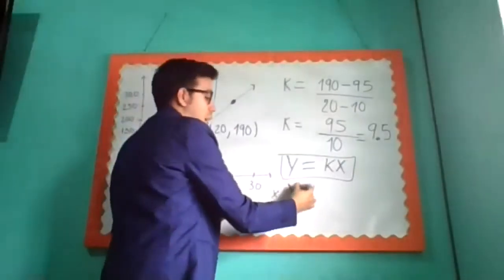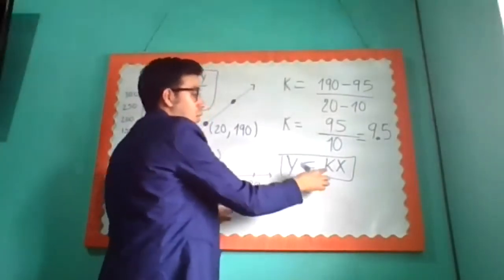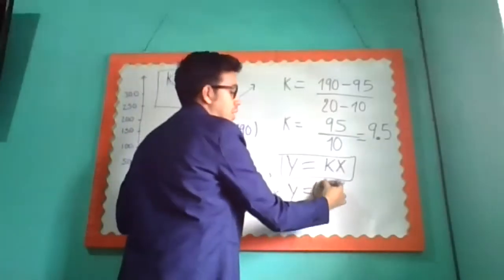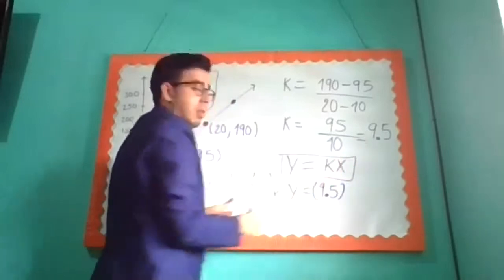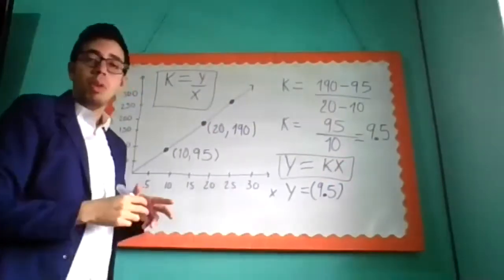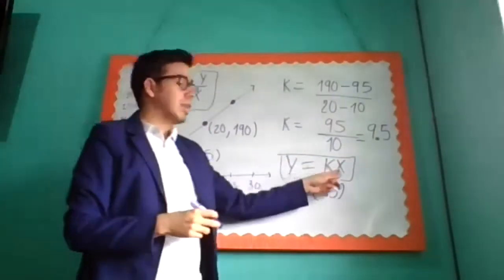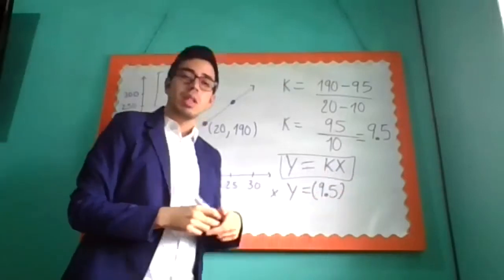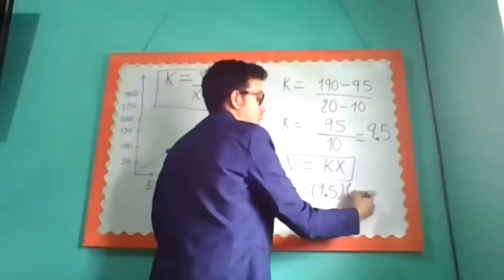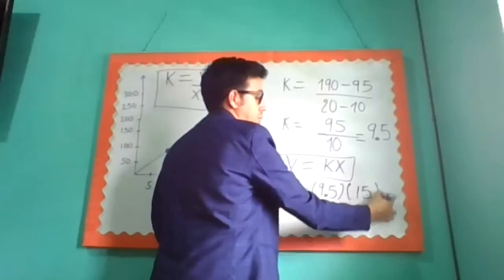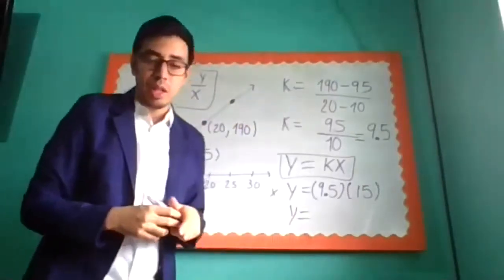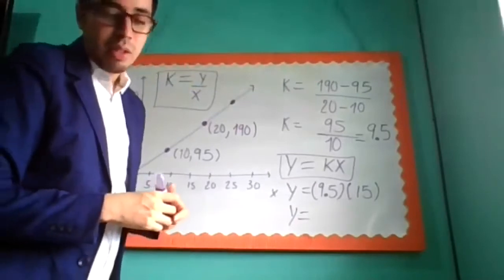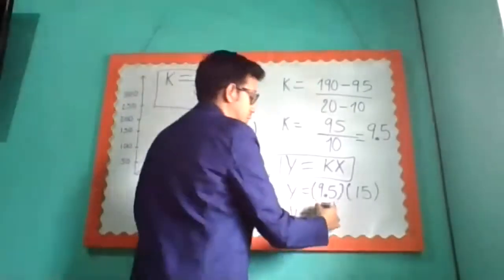The number of calories, y, is equal to k, that is 9.5. We already obtained 9.5, multiplied by x. What is x? The number of minutes. In this case, 15 minutes. And when we multiply this, we obtain 142.5 calories.